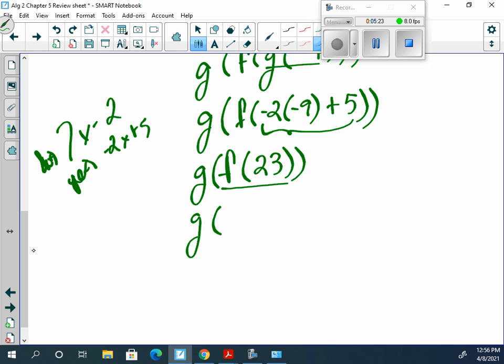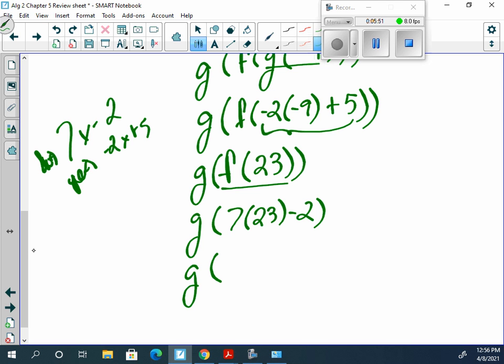And again, working from the inside out. So now we're going to take f of 23. That means we're plugging in 23 for x in f of x. So it would be 7 times 23 minus 2. Now 7 times 23 will be 161.